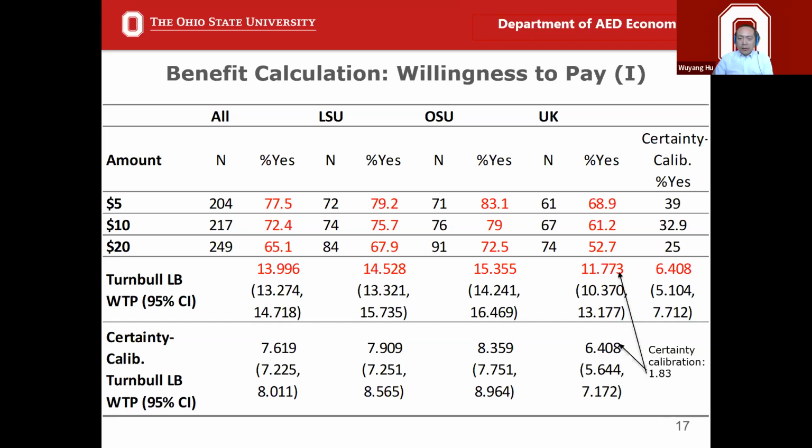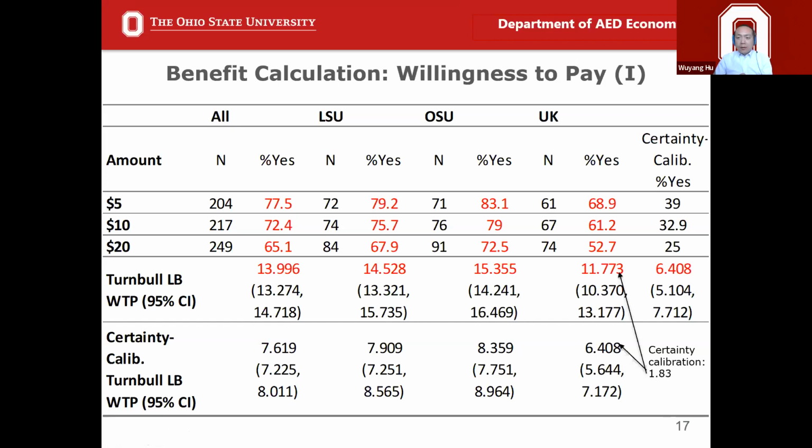We also calculated this. If you look at the Kentucky sample, you will see that we have an extra column called certainty calibration. What does that mean? When folks answer surveys, again, this is a hypothetical situation. Folks are not paying their actual dollars, taking the dollar from their wallet to pay. No, they're not doing that. They're stating, I would have paid, I would have been doing this.